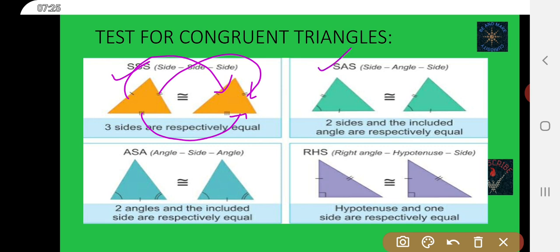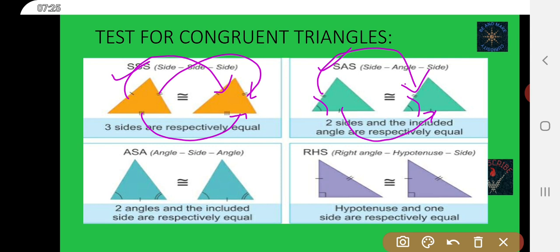Now come to SAS, side angle side. In the two triangles, you observe that this side corresponds to this side and they are equal, and this side corresponds to this side, they are also equal. And now you see the included angles.